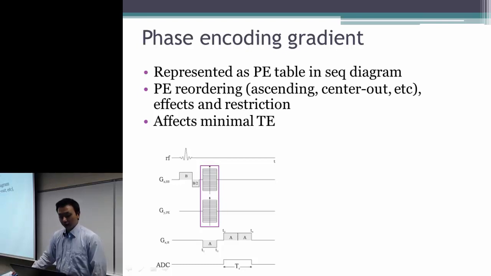On the other hand, if we are doing very high resolution imaging, we will need a very large number of phase encoding steps. So the phase encoding gradient needed for collecting the outer part of the K-space will come in very large. When that happens, it may affect the minimum TE that is available for the sequence. So sometimes the minimum TE needs to be taken into consideration.